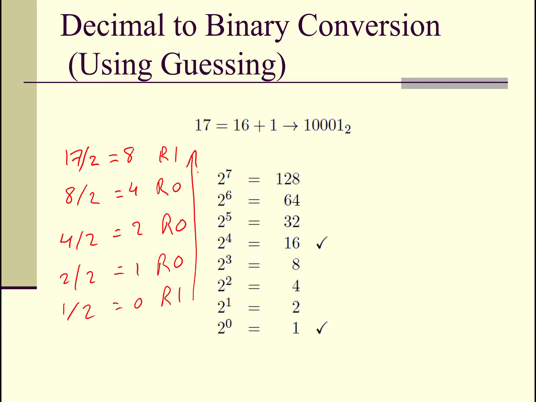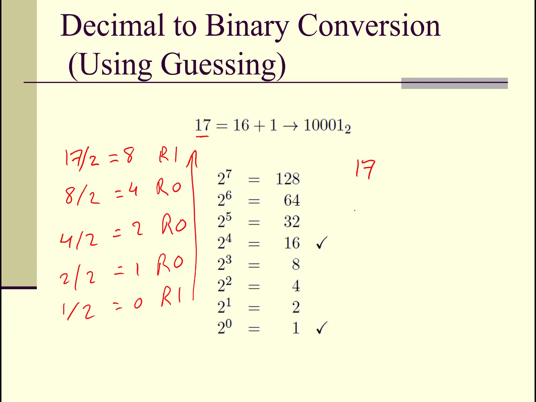But actually there is another way which is sometimes much easier than just dividing by 2 all the time. What is this way? Start with the nearest number which is a power of 2, near to 17, which is 16, right? So I have 17, okay?